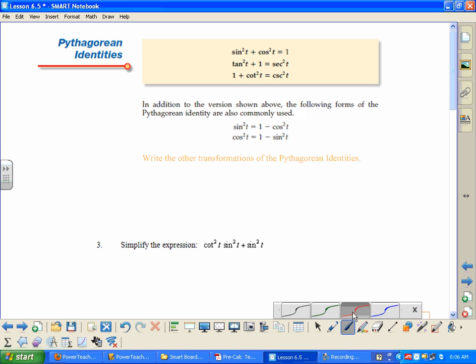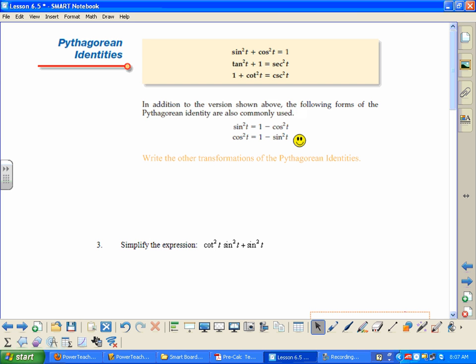If I subtract cosine squared from each side, then I would get this one here. And if I subtracted sine squared from both sides, then I would have this one here. And you're going to have to know all of them because there are going to be times when you need them to prove that things are true or to simplify expressions.